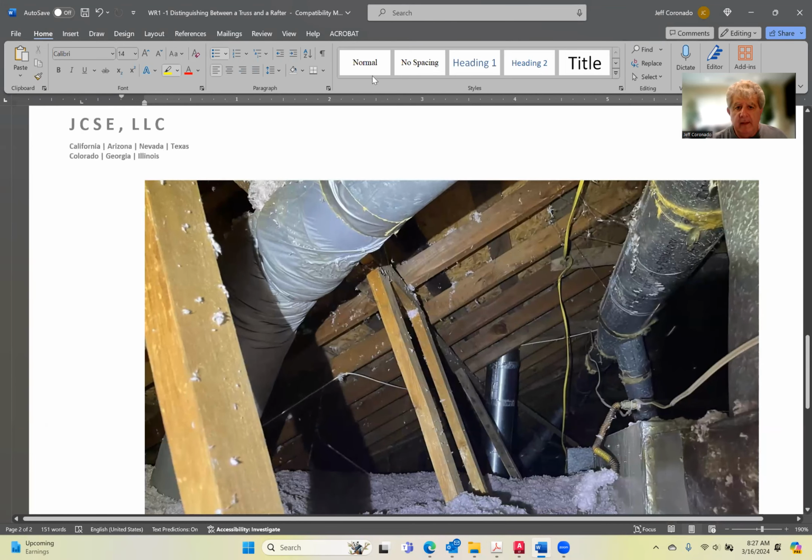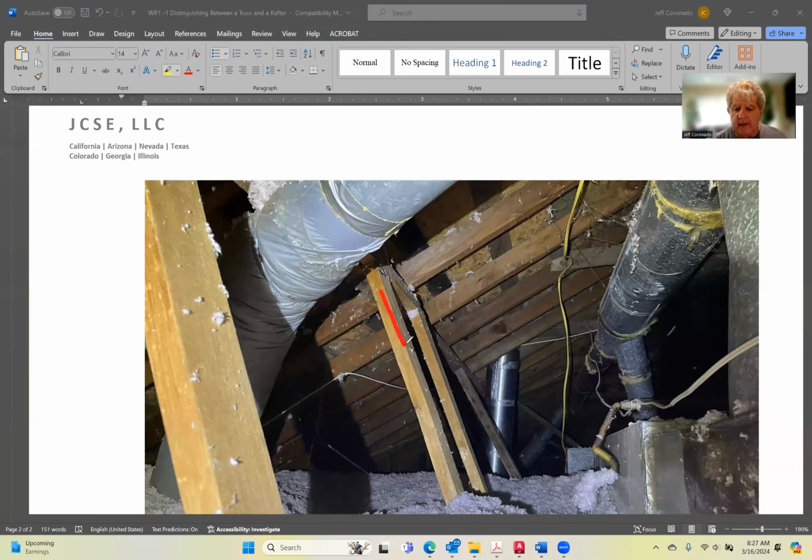we can see that these vertical members here, I'm sorry, these diagonal members, this diagonal member is not connected to the rafter. This diagonal member is closer to us. Then there's this horizontal element here, and then we get to the rafter.